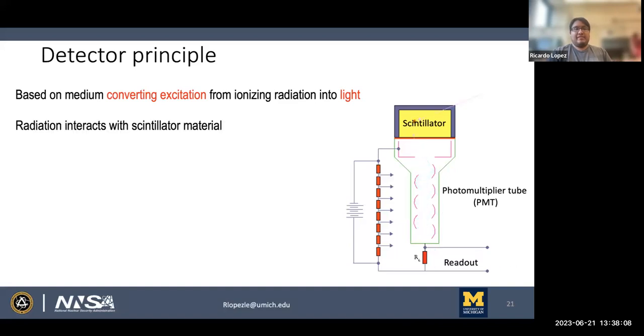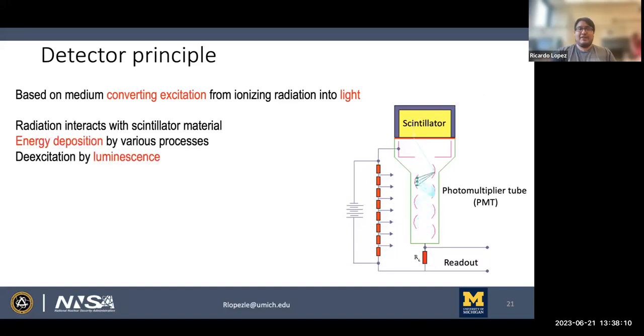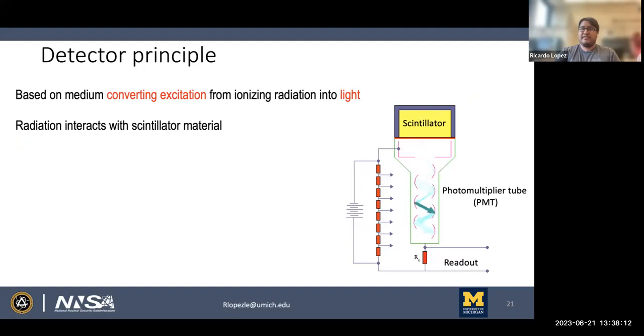And here, with a little demonstration on the right, we have the incoming radiation signified as this pink arrow at the very top, where it hits some molecule in the scintillator. Photons are a result of that, and eventually they make their way down over to this PMT, or photomultiplier tube.